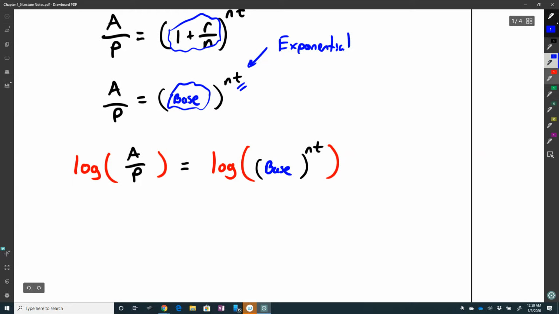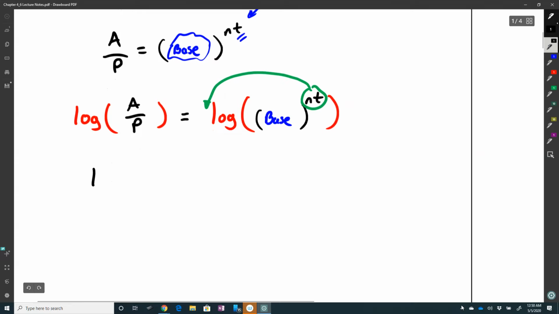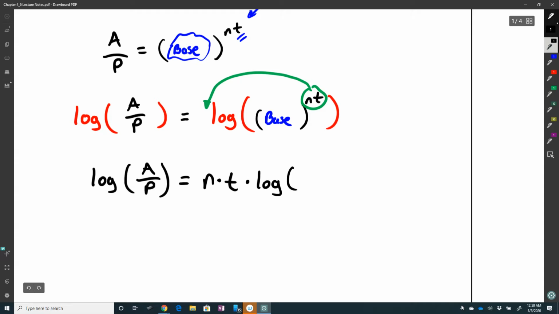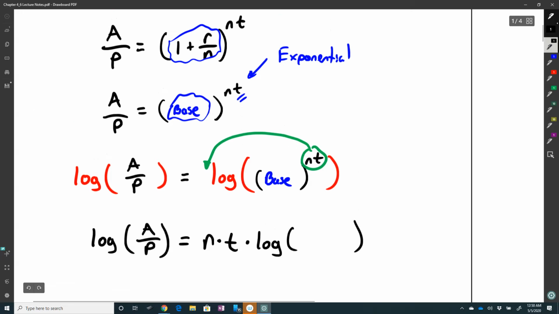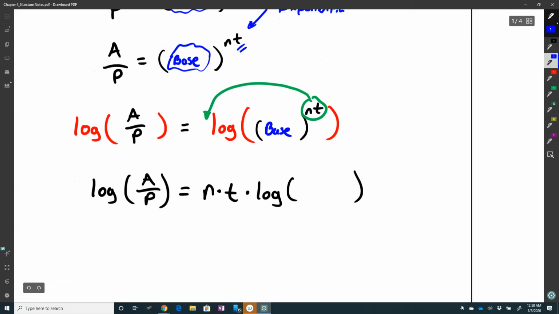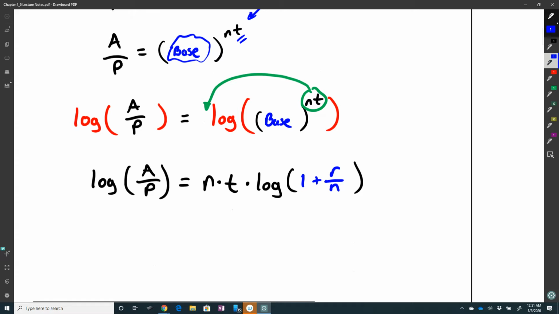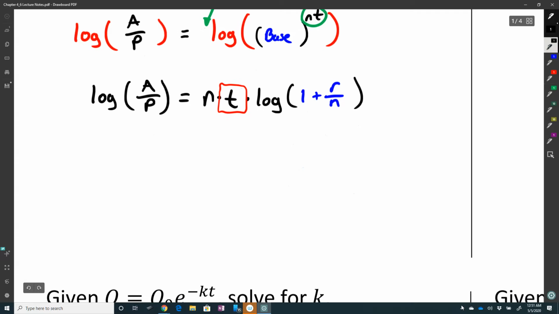Okay. And now what that allows us to do is we can now get the exponent and bring it to the front. So I have log of a over p equals n times t times log of, and this time I'll write the base. It was 1 plus r over n. Okay. So now I want to solve for this guy. And so how do I solve for it?